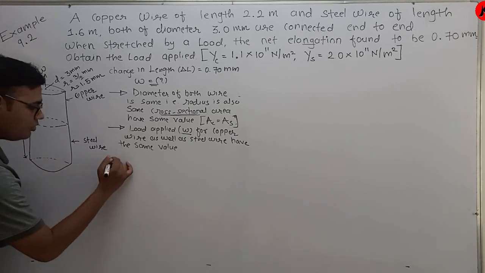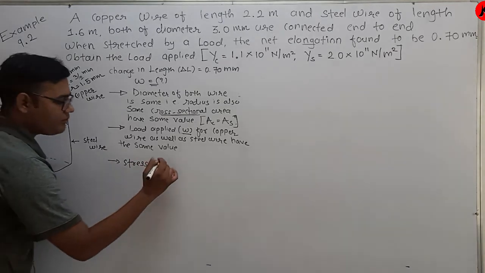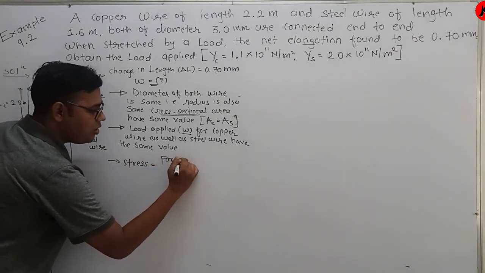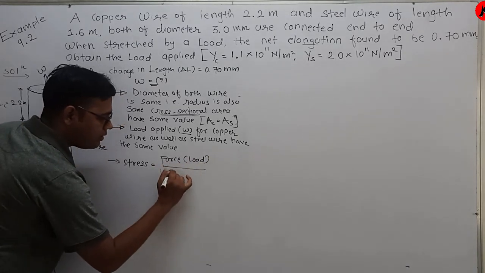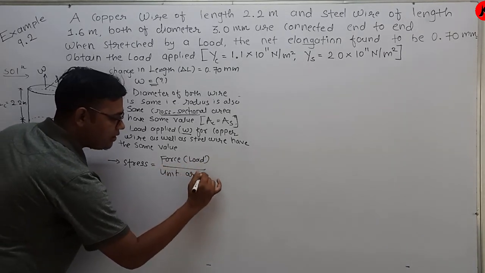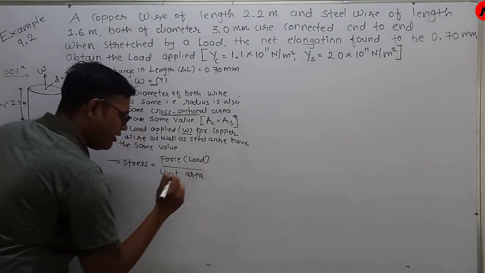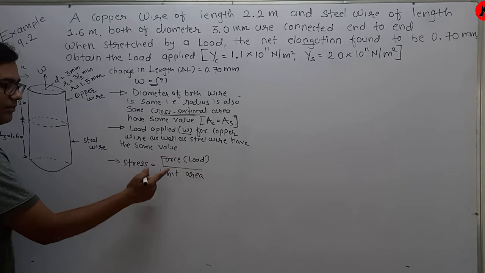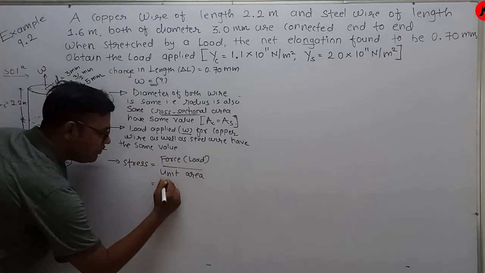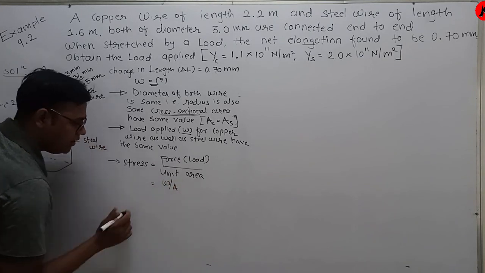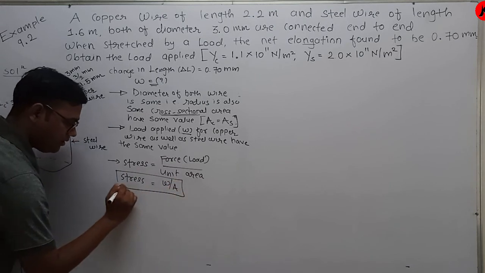And we know the definition of stress, which is given by force, or you can say load applied, per unit area. Load applied per unit area, right? Force or load applied per unit area, and here the load is W by A. So the equation for stress is W by A, right?